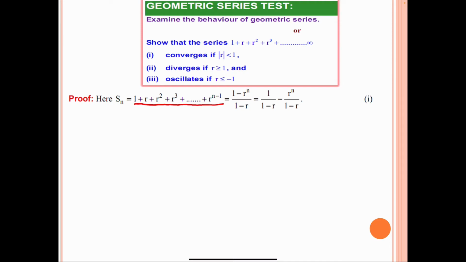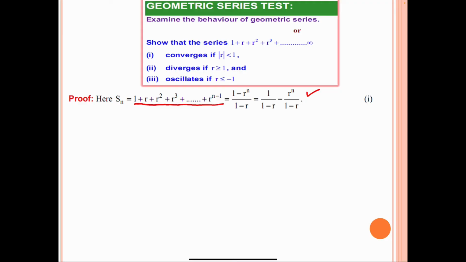And the sum of this geometric series is 1 minus r power n divided by 1 minus r. This sum can also be written this way: 1 over 1 minus r minus r raised to power n divided by 1 minus r. So let us call this expression number 1.